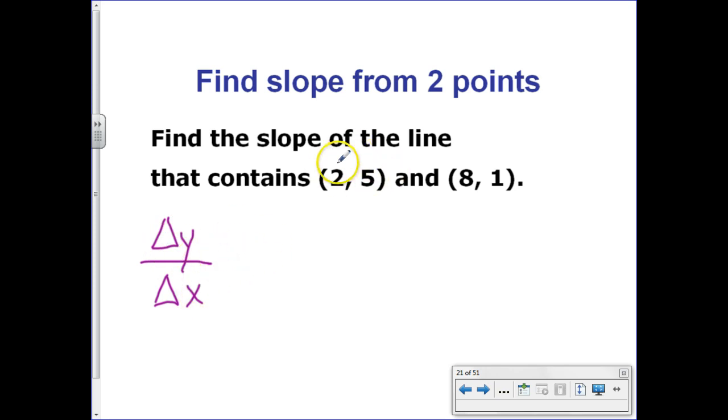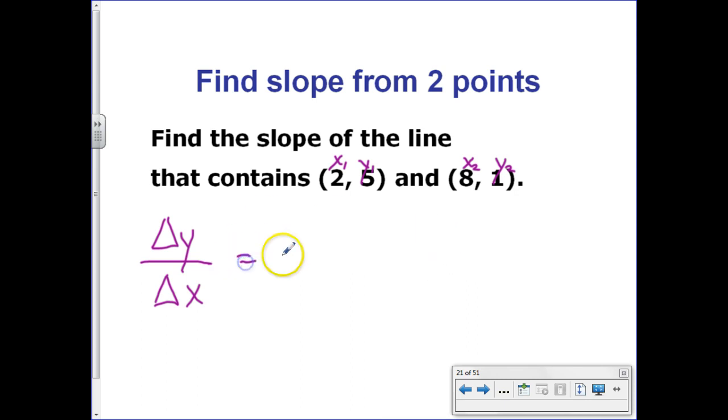That means we're taking our y values and we're finding the difference between them. And so the way to do that is, well, this is coordinates x, y, this is coordinates x, y. And so to tell them apart, we usually add these subscript numbers of 1 and 2. So I can say, hey, here's my first point, 2, 5. Here's my second point, 8, 1, and then we just subtract the two.